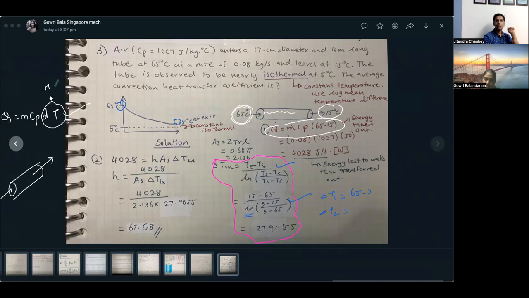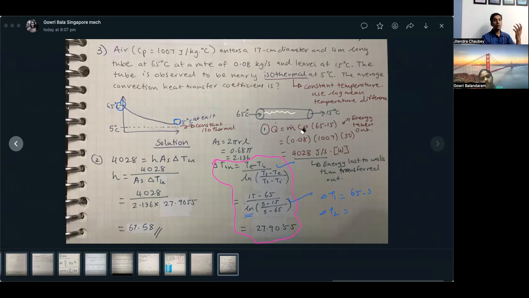So in this case, they gave us air entering a tube initially at 65 and leaving at 15. So we got to know that some heat has been lost, and after losing heat, the temperature of air reduces. What we calculated in the first step was how much heat the air lost.